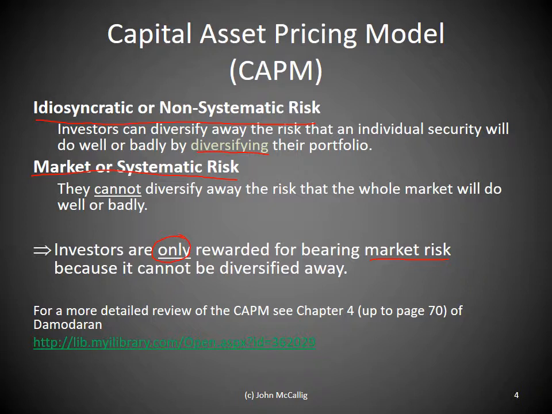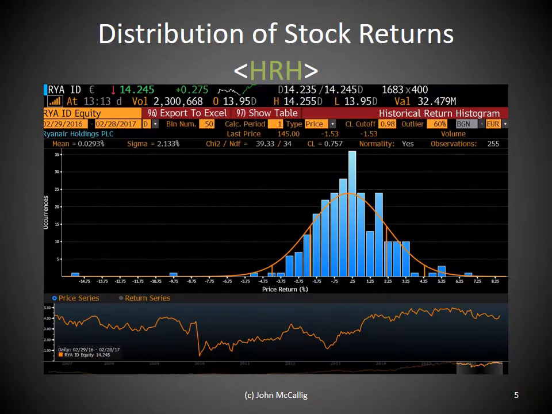You cannot diversify away market risk, and that's going to be what you are rewarded for. So in order then to work out what risk investors are going to be rewarded for in an individual security, we need to work out how much systematic risk they have and how much market risk they have. And this is what we're going to talk about here.